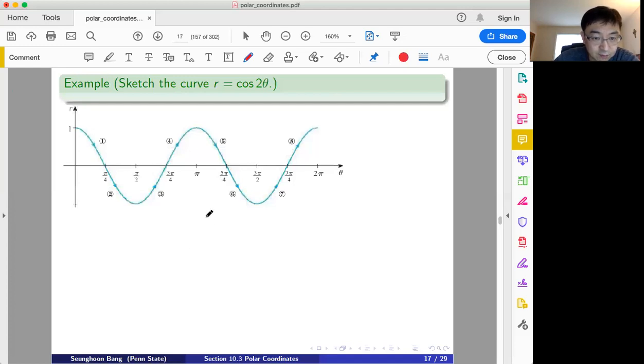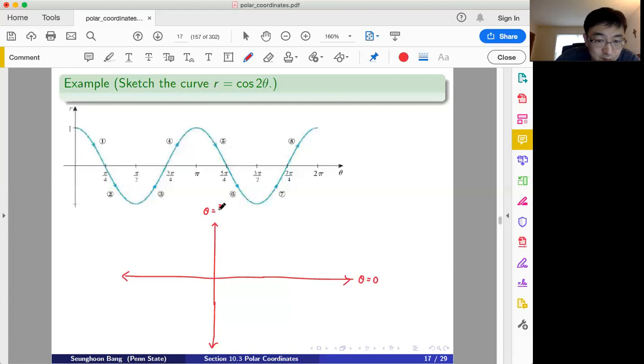You can draw the graph together. Here, you can think about the angles: theta equals 0, theta equals pi over 2, theta equals pi, theta equals 3 pi over 2, and this is also 2 pi.